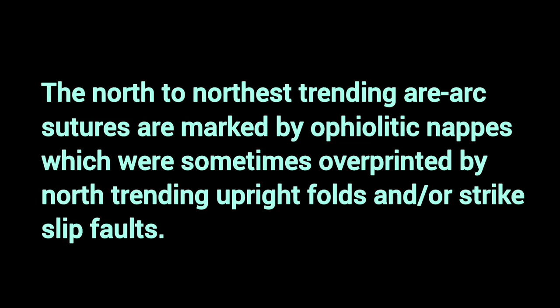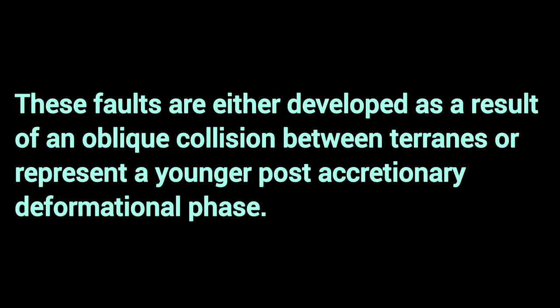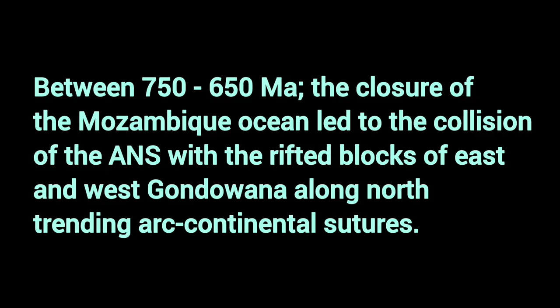The north to northeast trending arc sutures are marked by ophiolitic nappes, which were sometimes overprinted by north trending upright faults and or strike slip faults. These faults are either developed as a result of an oblique collision between terrains or represent a younger post-accretionary deformational phase between 750 to 650 million years.